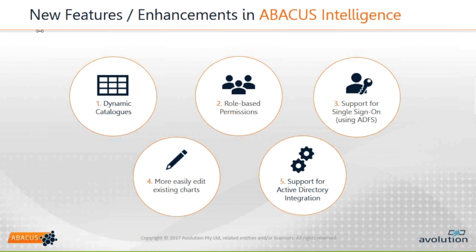You can also more easily edit charts that you have that are existing in your dashboards rather than having to create new ones. And there is support for direct Active Directory integration if ADFS isn't an option and you have direct access to your AD server. That's the best way to set up authentication, so users don't have to have extra passwords.